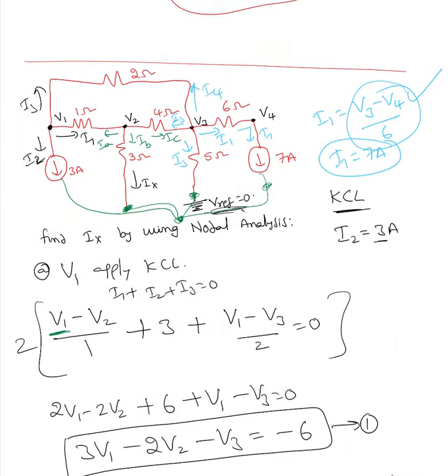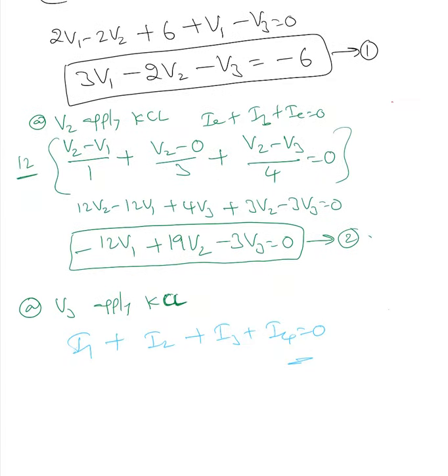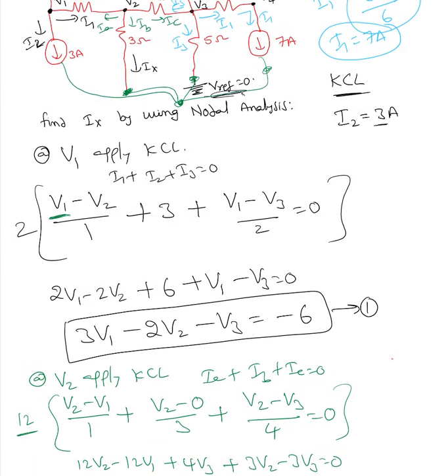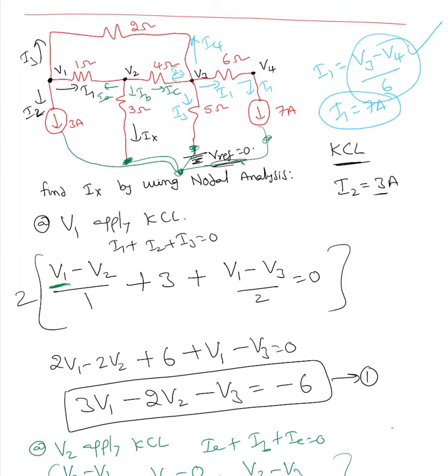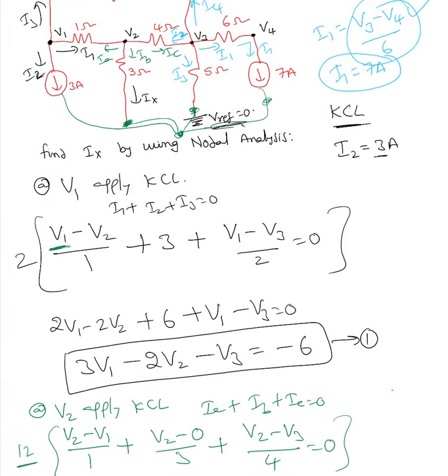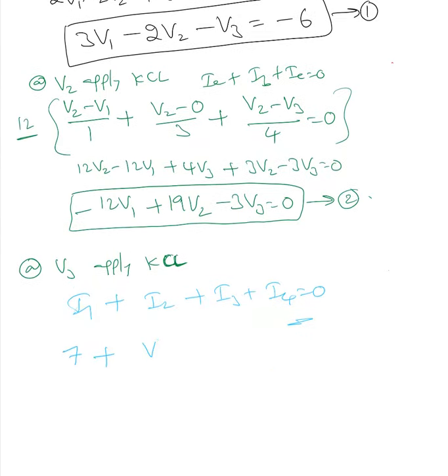So everything else is same. So here I1 equal to 7 ampere plus I2 is the current. That's I1 current going here. I chose this as I2 equal to V3 minus V2 over 4.